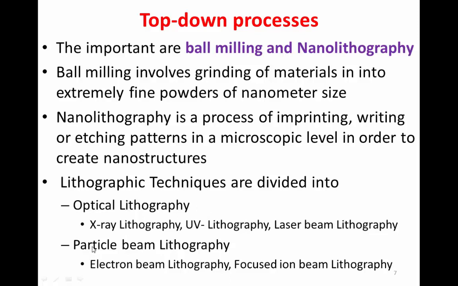On the other hand, particle beam lithography involves highly energetic particles like an electron beam or a focused ion beam used to pattern the circuit. Thus, based on the material requirement, we can choose either a top-down or a bottom-up process.